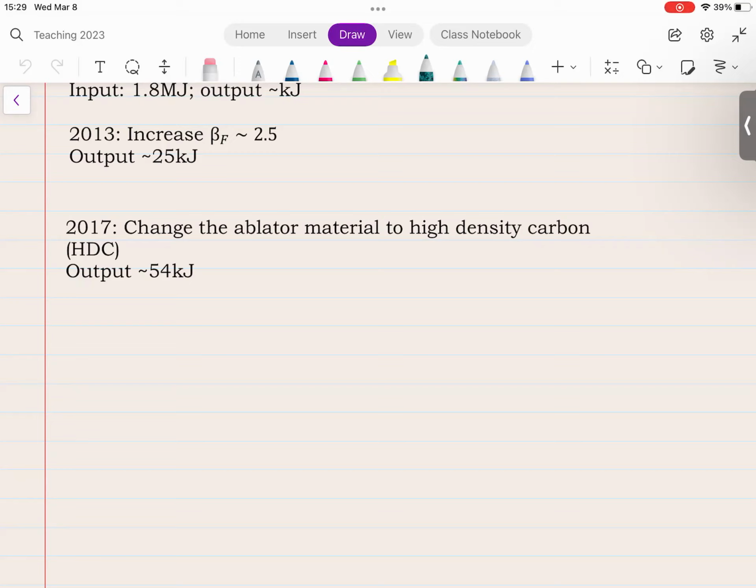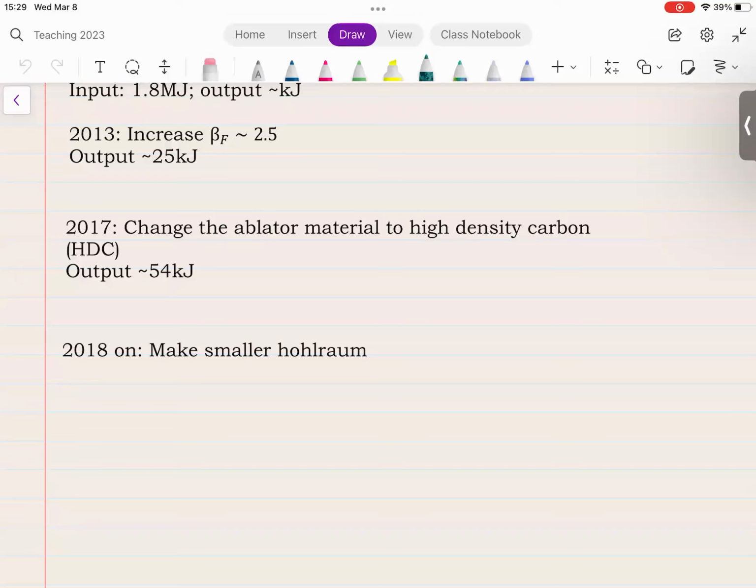So the step in the optimization process there was to make a smaller hohlraum. If you do that, you need less laser energy to produce the same amount of X-rays.